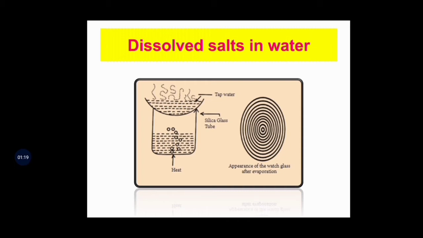The tap water on the watch glass will evaporate soon. And after that, you have to wash the watch glass. Now you can see a number of concentric rings of solid matter deposited on the watch glass.